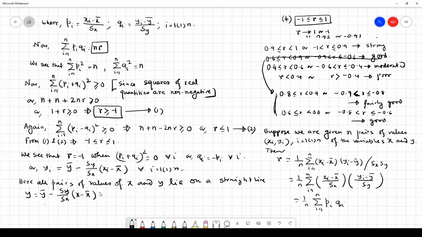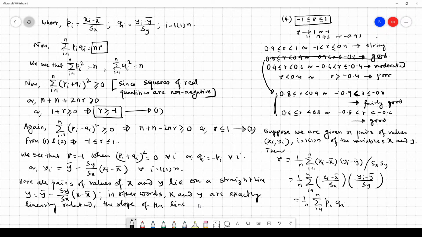In other words, x and y are exactly linearly related, and the slope of the line is negative.